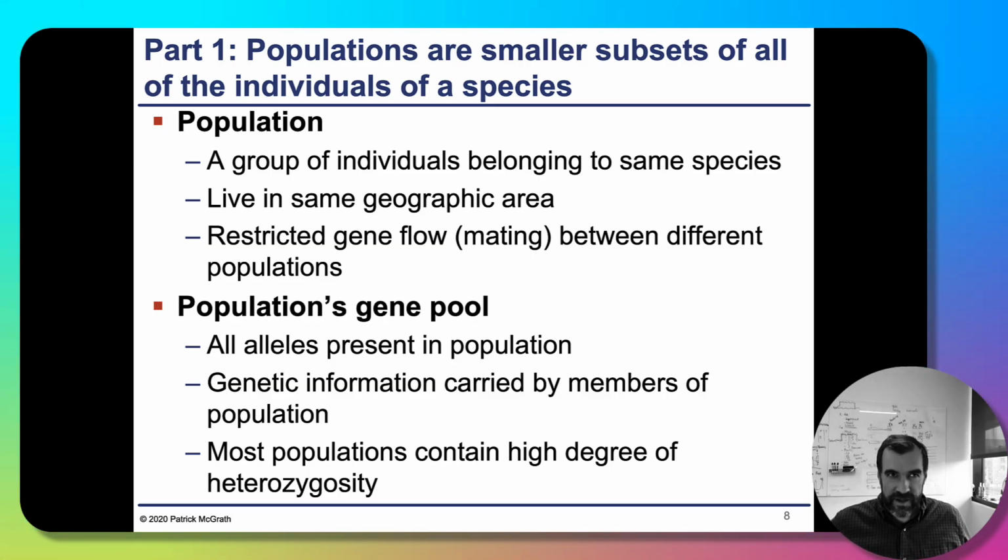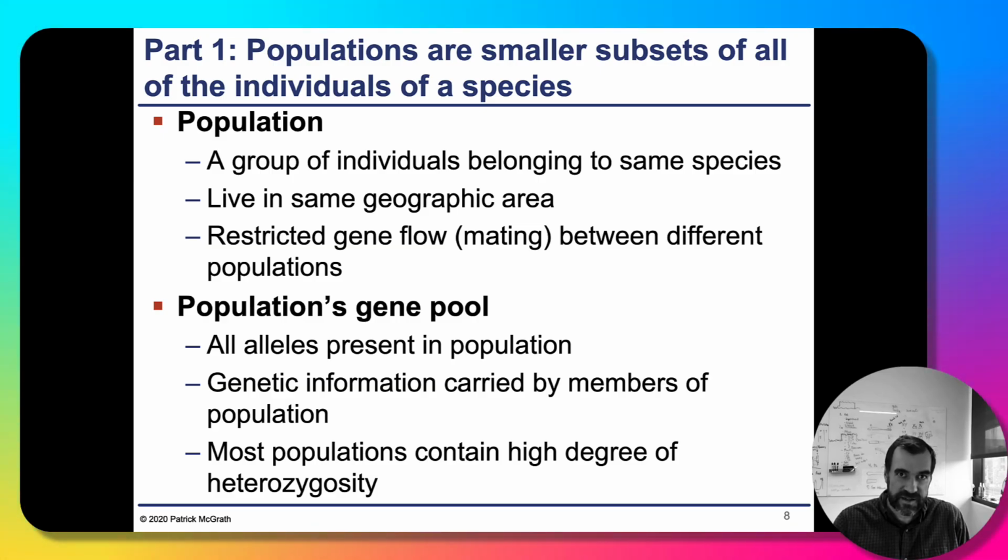But more importantly is this idea that the populations of a species are not freely mating with each other. Typically that's because there's some sort of geographical barrier that prevents mating.